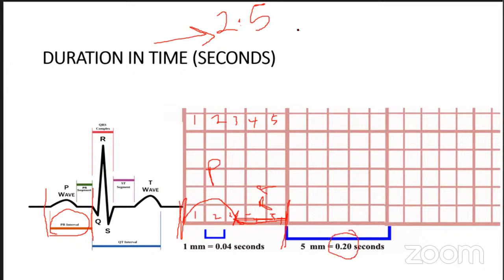My PR interval. So again, you can just write it down. Your PR interval should not be more than 5 small boxes, or it shouldn't be more than 0.20 seconds. So you can use boxes, you can use seconds, whichever is convenient for you. But again, you need to remember that your PR interval shouldn't be more than 5 small boxes or 0.20 seconds.